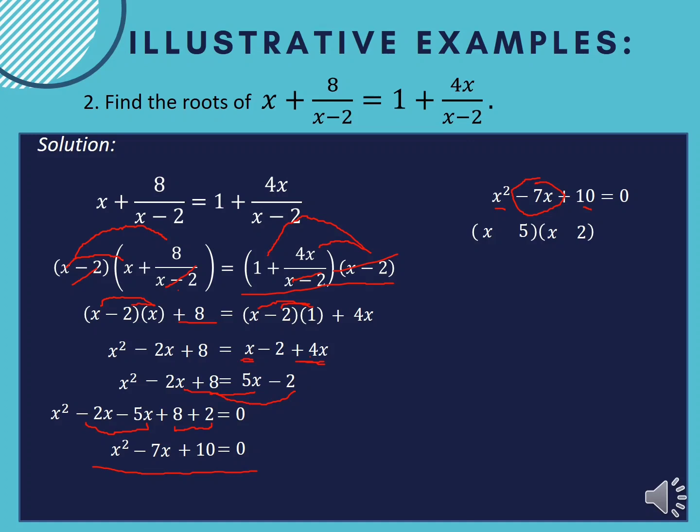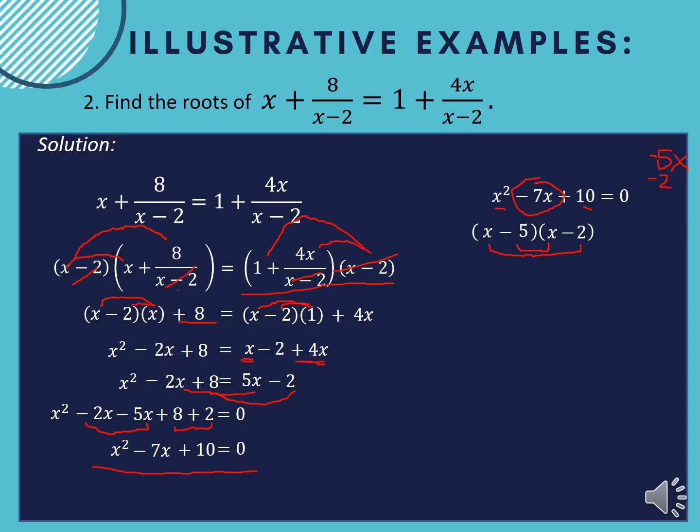Since the last term is positive, the two numbers should have the same sign. So we have negative and negative. And when we check, negative 5x is negative 5x. Right? And then, what about x times negative 2? We have negative 2x.